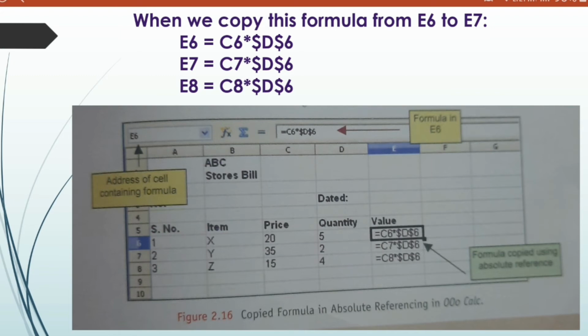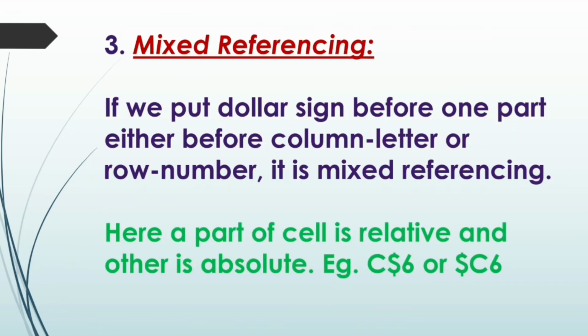So, this is absolute referencing. Now, the third type of referencing is mixed referencing. Mixed means that relative as well as absolute, both types of referencing are considered. If we put a $ sign before one part, either before the column letter or the row number, it is mixed referencing. Means either the row or the column is absolute and the other is relative.